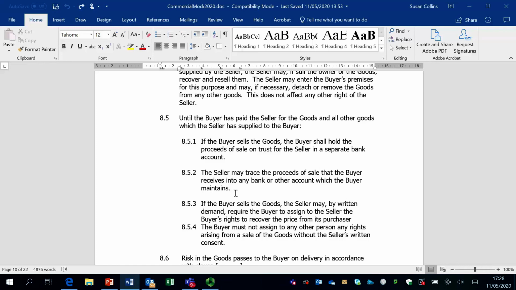It was one of the additions. So it's section 859H, which says that the charge is void against a liquidator, an administrator, or a creditor of the company if it's not been registered. So the correct reference there is section 859H of the Companies Act.